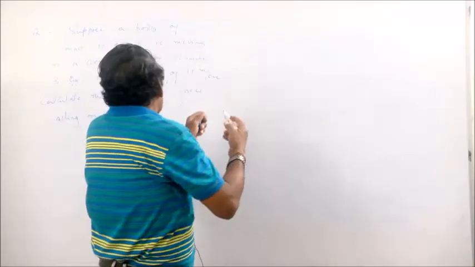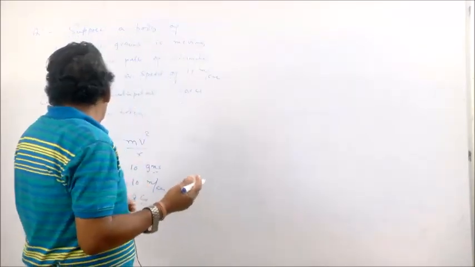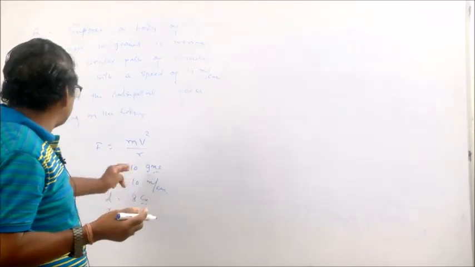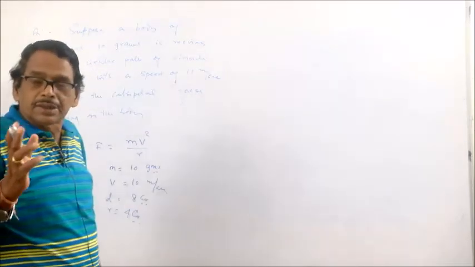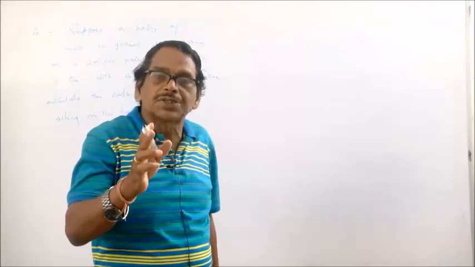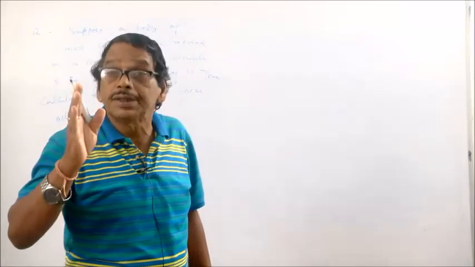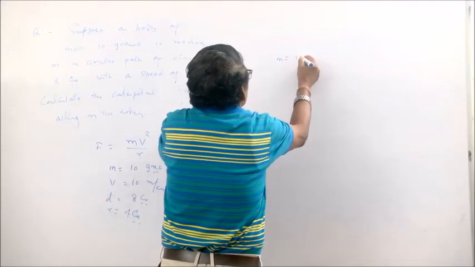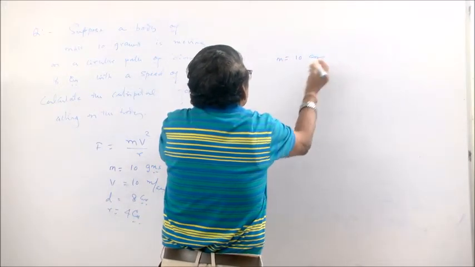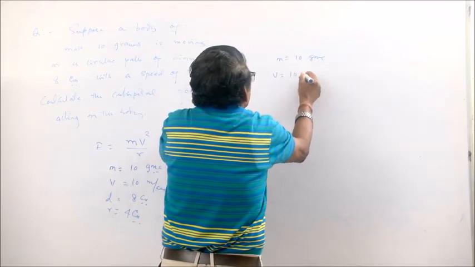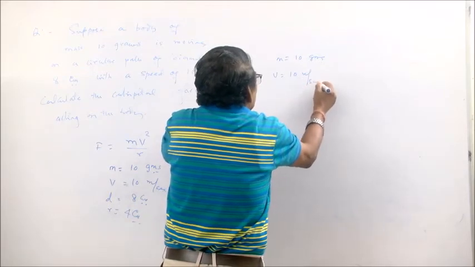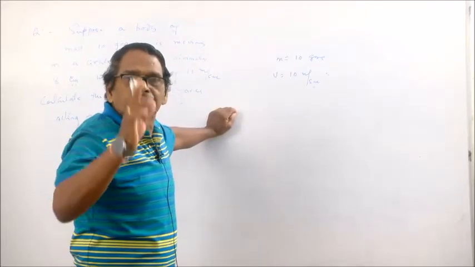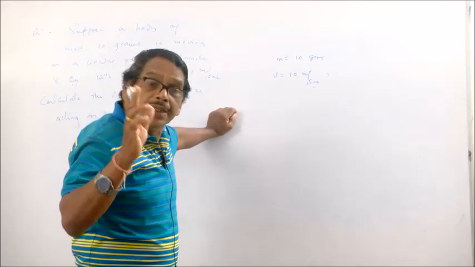So, m is 10 grams, velocity is 10 meters per second, r is 4 centimeter. Since two things are given in the CGS system and one in the MKS system, it is better to solve in the CGS system. So, m is equal to 10 grams, and velocity 10 meters per second we convert to centimeters per second.